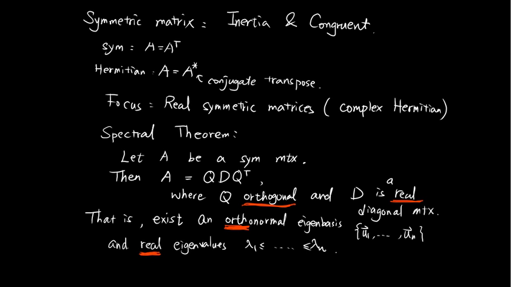So to make the connection, D is actually equal to diagonal lambda 1 up to lambda n, and Q is equal to the matrix whose columns are u1 up to un.